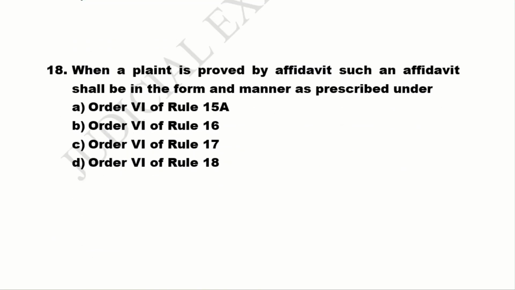When a plaint is proved by affidavit, such an affidavit shall be in the form and manner as prescribed under option A, Order 6 of Rule 15A, B, Order 6 of Rule 16, C, Order 6 of Rule 17, D, Order 6 of Rule 18. The answer is Order 6 of Rule 15A.